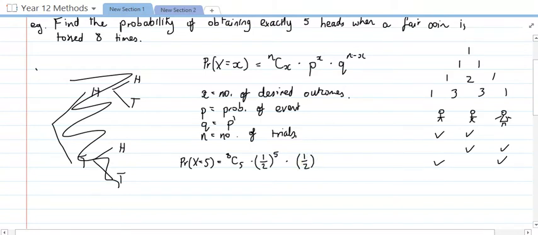Now n was 8 trials, and x is 5, so 8 minus 5 is going to be 3. And a nice little check that you can do is that these powers here must always add up to the total number of trials.